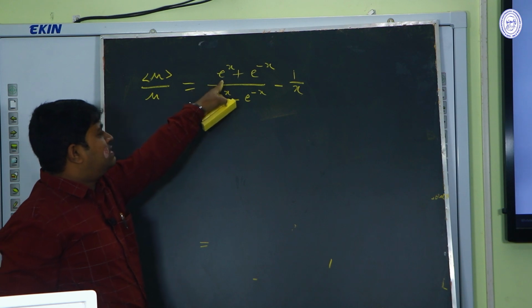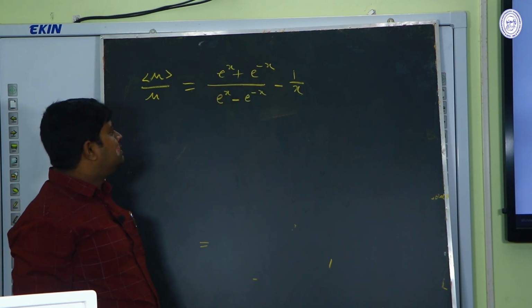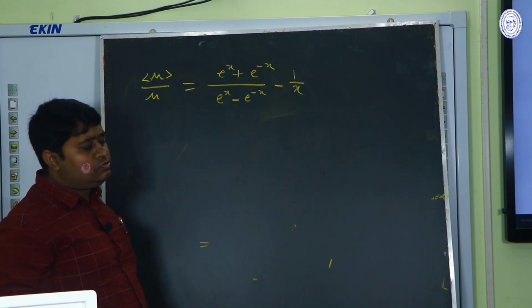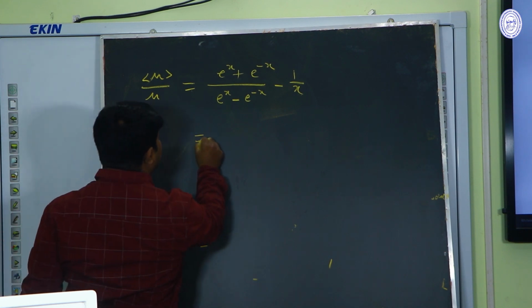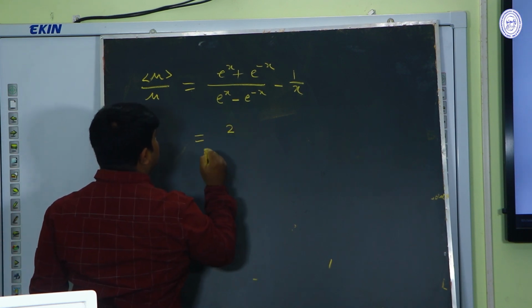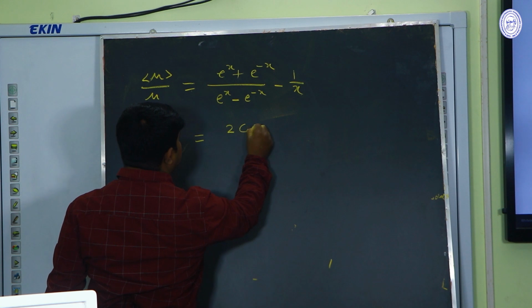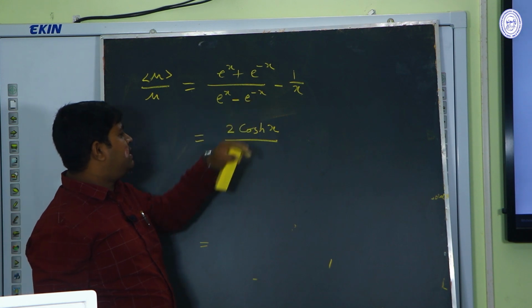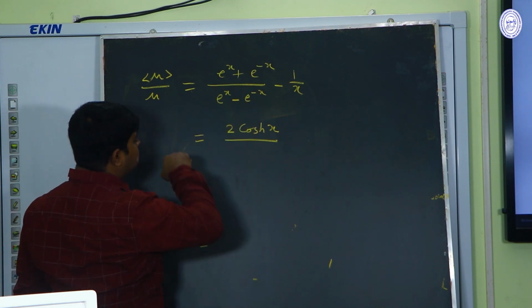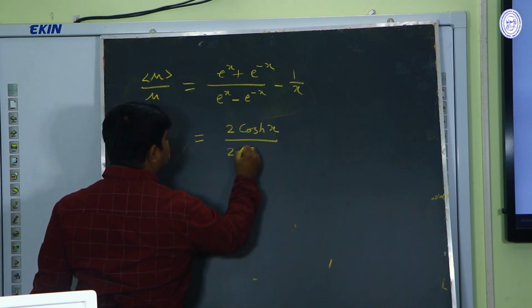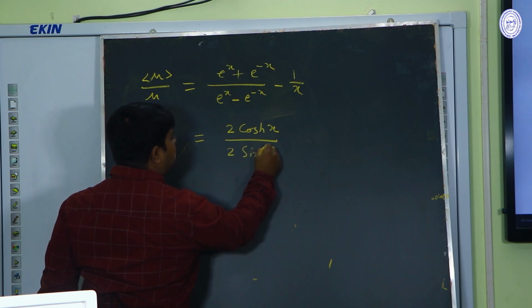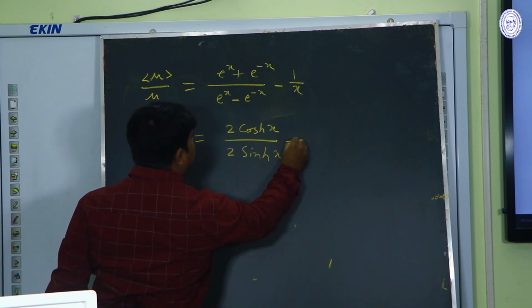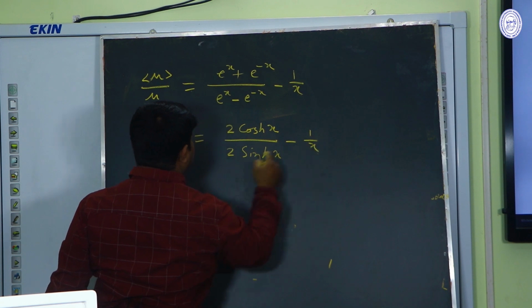e to the power x plus e to the power minus x is equal to 2 cos hyperbolic x, and e to the power x minus e to the power minus x is equal to 2 sin hyperbolic x, minus 1 by x.